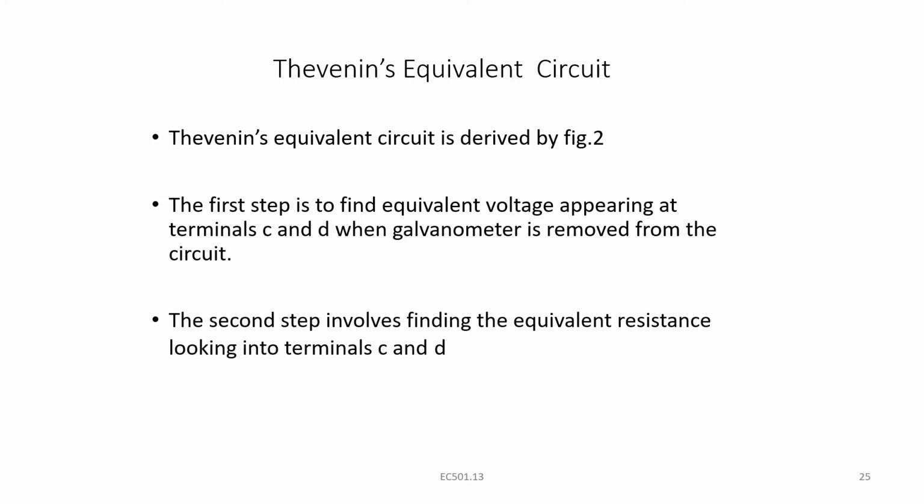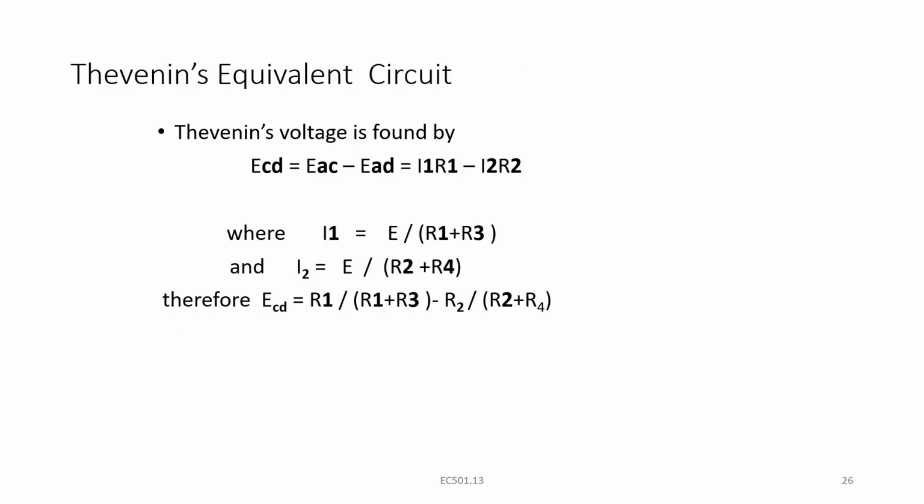The second step involves finding the equivalent resistance looking into terminals C and D. The Thevenin's voltage is found as E across CD equals E across AC minus E across AD, which is nothing but I1 R1 minus I2 R2.